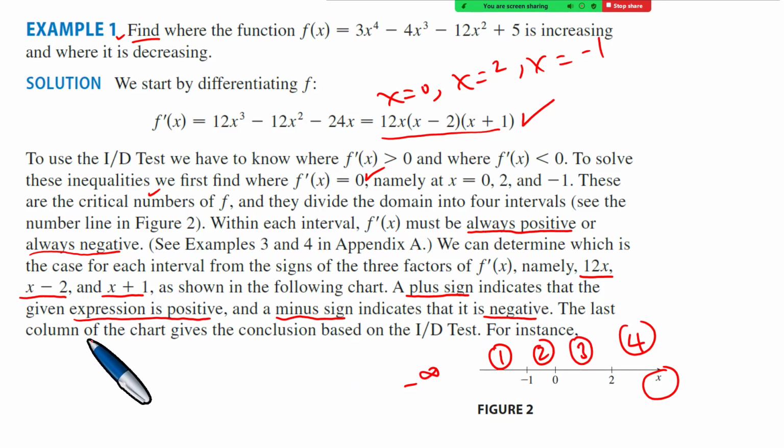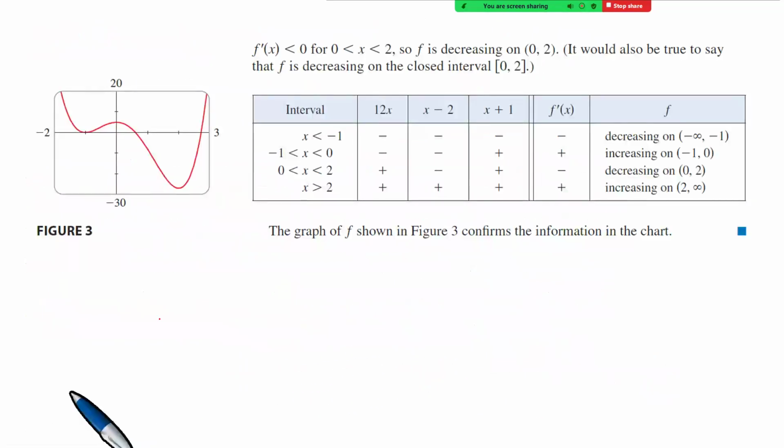The last column of the chart gives the conclusion based on the increasing derivative test. Let's check what we have, because the last column of the chart gives the conclusion based on these increasing derivative tests. Let's take a look. This is the chart.